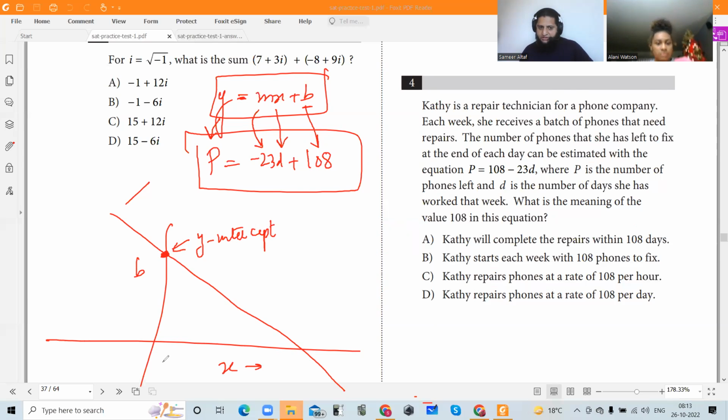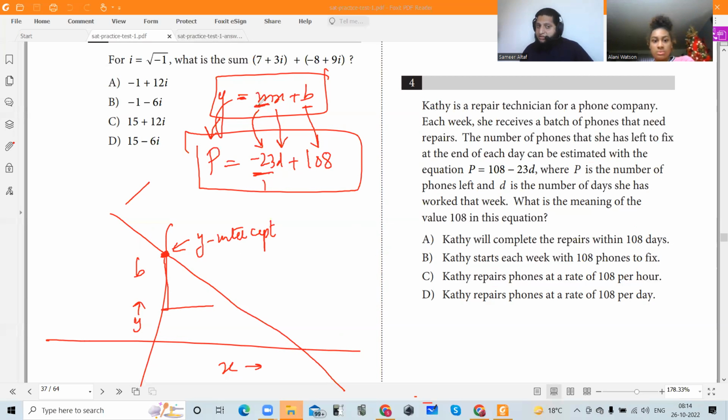We take this as x, we take this as y. And doesn't this negative 23 mean that it's a slope, rise over run? So if you take negative 23 over 1, doesn't that mean you're going down 23 and running 1? You understand? Yes, I do. Down 23 and running 1.